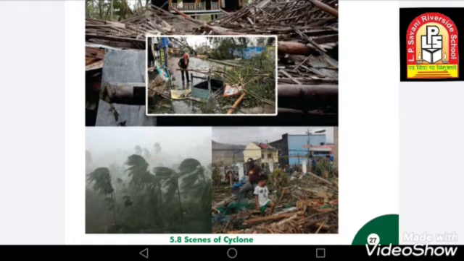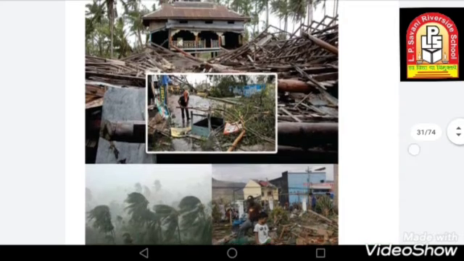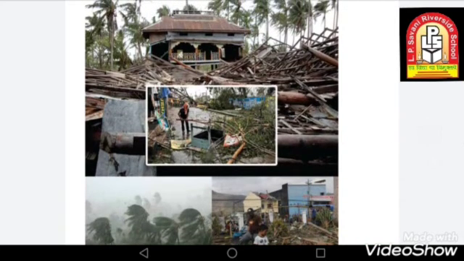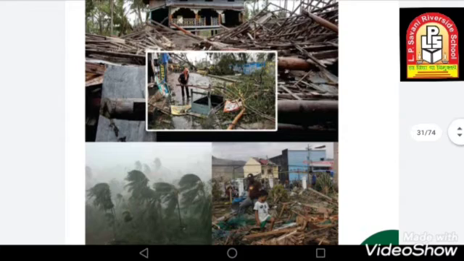Sometimes the buildings near the coastal areas may also fall. The amount of wind is so high that it is very difficult to control, and although it comes for very few minutes, it can disrupt many people's lives.